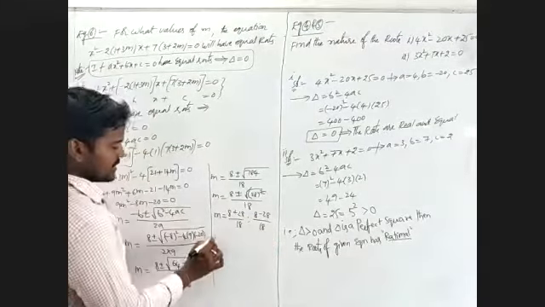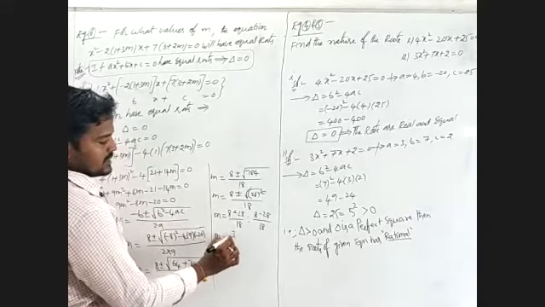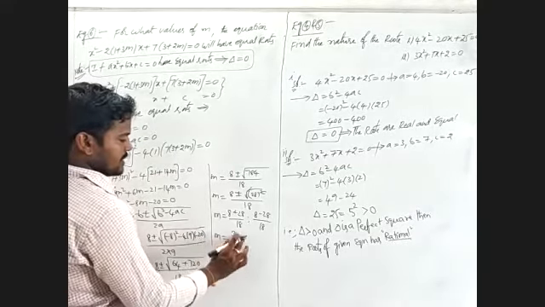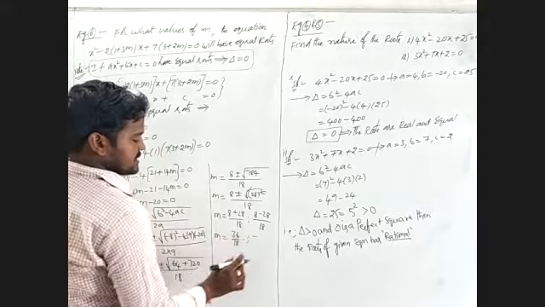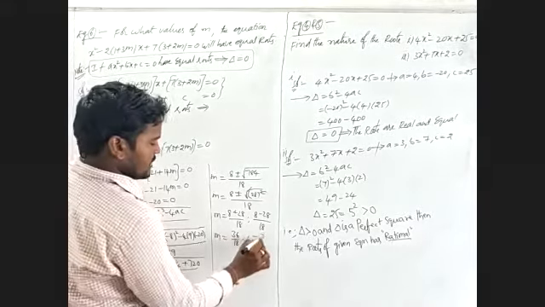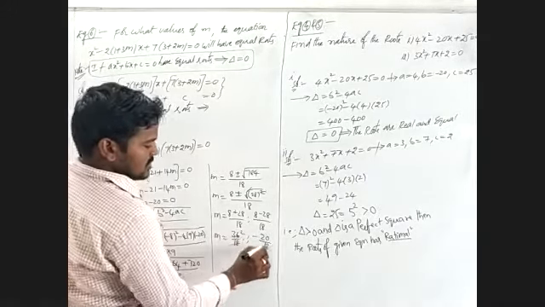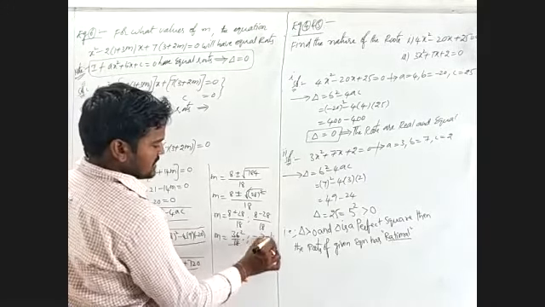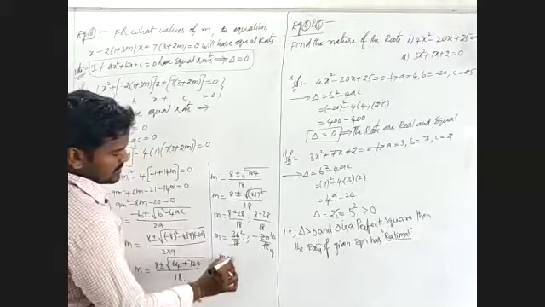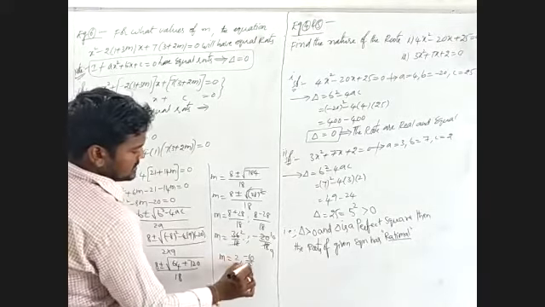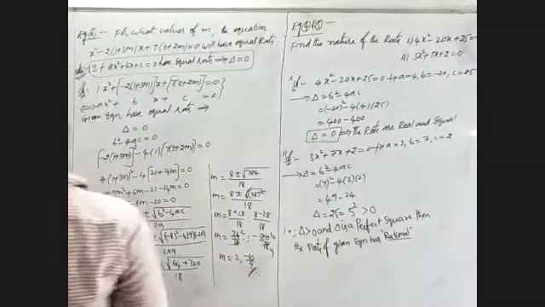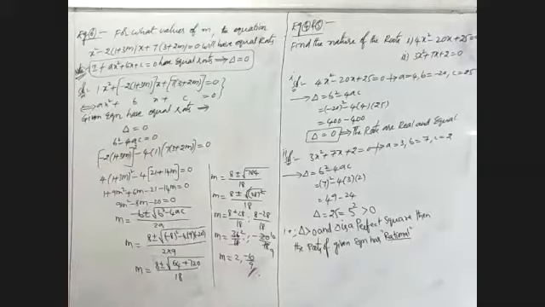That is, the value m is equal to 36 by 18, comma, minus 28 minus 8 will become 20 by 18. 18 1s are 18, 18 2s are 36. That is, the value m is equal to 2, comma, minus 10 by 9. 2, comma, minus 10 by 9.